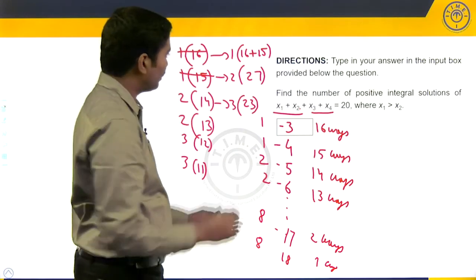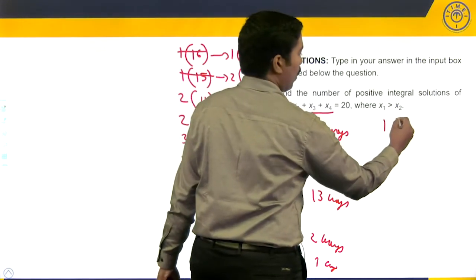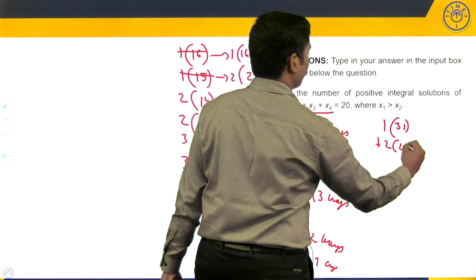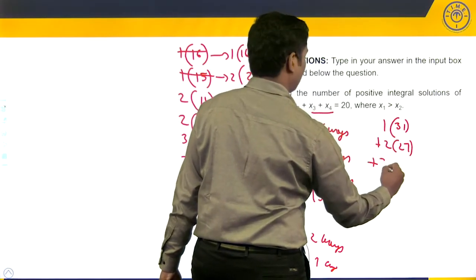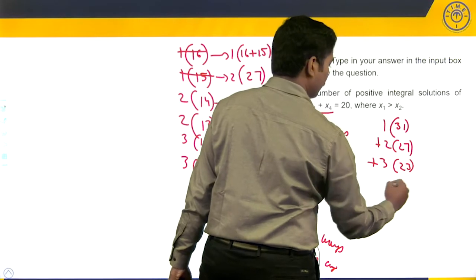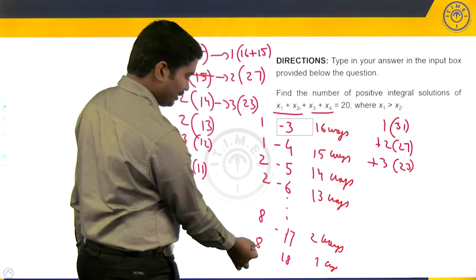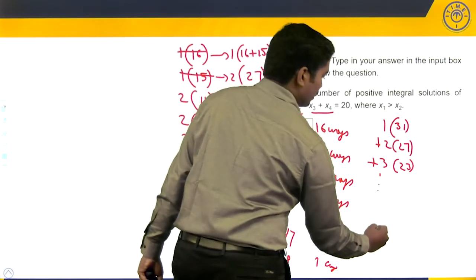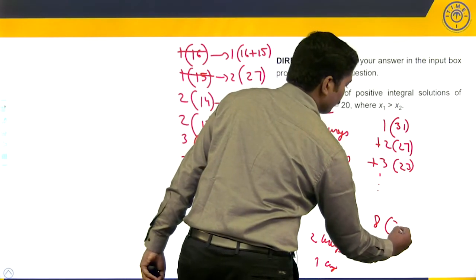So if we have to understand this, this is 1 into 31 plus 2 into 27 plus 3 into 23 plus, what would be the last one? The last one here is 8 into 2 plus 1. So this last one here is going to be 8 into 3.